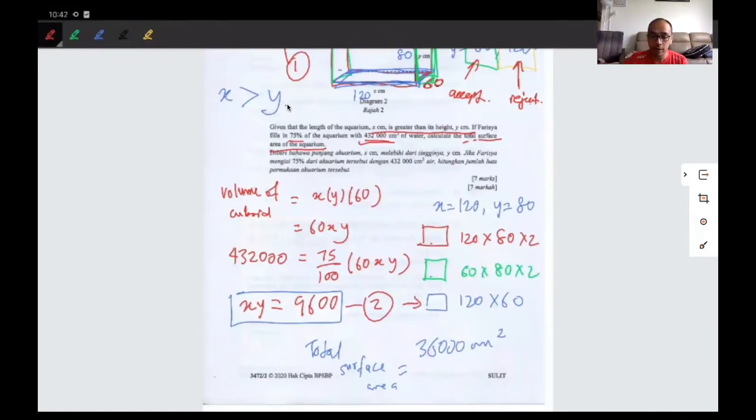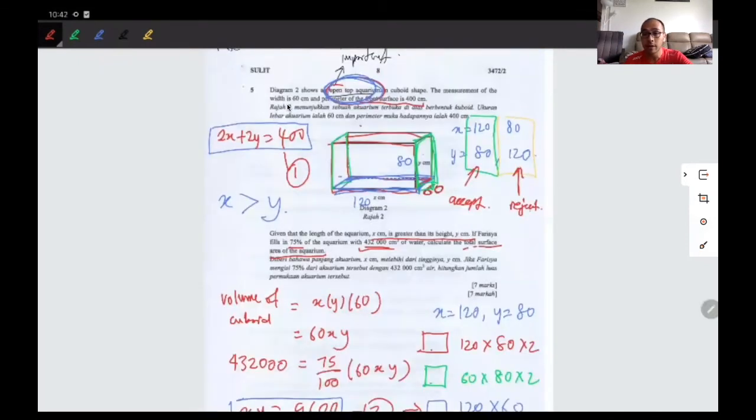Then the second one is obviously this is standard, especially when it comes to simultaneous equations, hot questions. Sometimes, actually quite a lot of times, dia minta kamu untuk memilih satu set yang betul. You have to read the question and decide which set of answer is correct. You cannot use both.